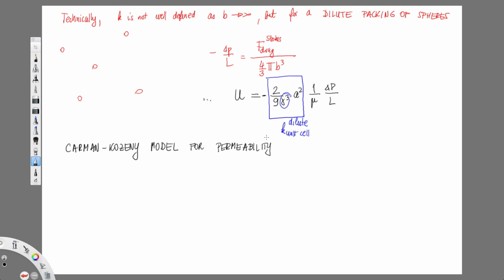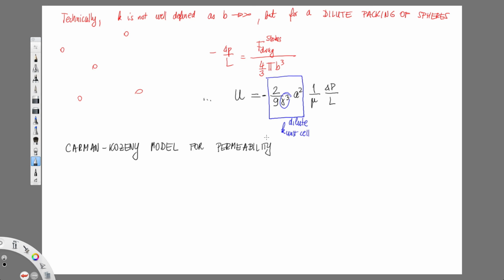Right? And these analytical or semi-analytical derived formulas give you an idea of what that function should be. For instance, I don't ask you to remember the unit cell approach permeability precisely, but for both the unit cell and the Carman-Kozeny model that we will have, permeability depends on grain size squared. Okay?